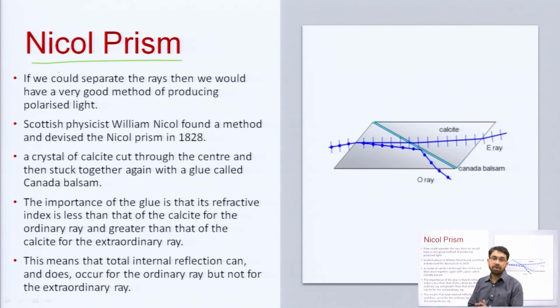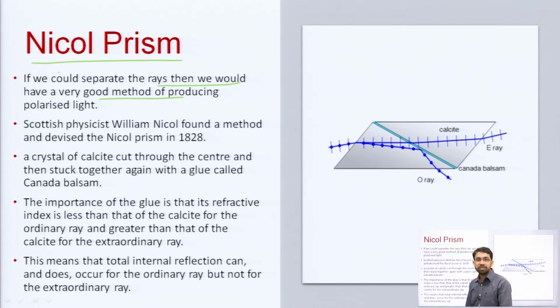If we can somehow separate this O ray and E ray, then we can get a single ray, that is a plane polarized light ray. If we could separate the rays, then we would have a very good method of producing polarized light, because calcite is a very normal substance, it is available very easily, very cheap.